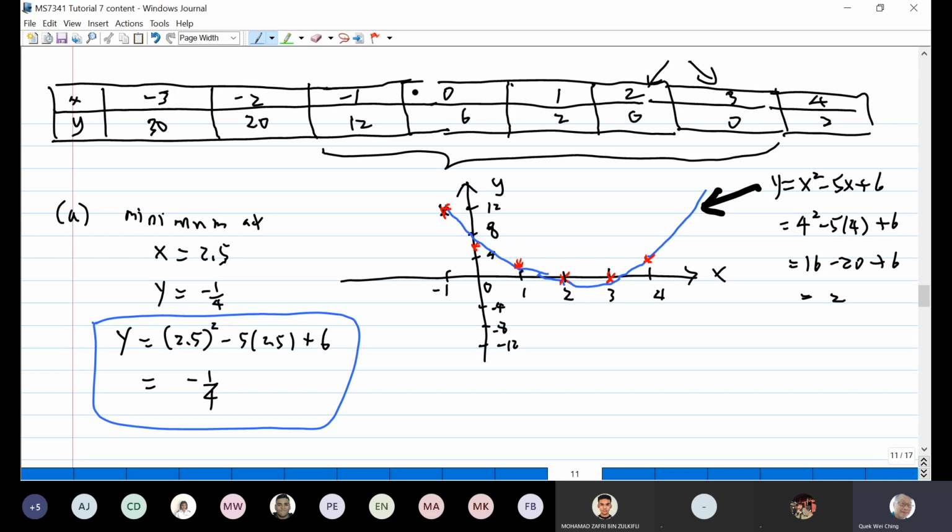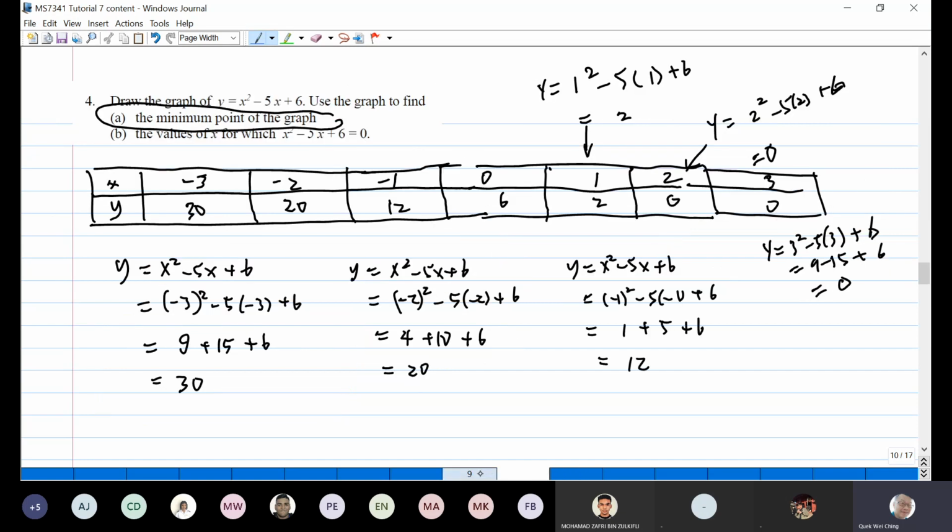Okay, so this is how you answer part A. Now, part B. What are they trying to tell you? Part B is asking when the graph cuts the x-axis.